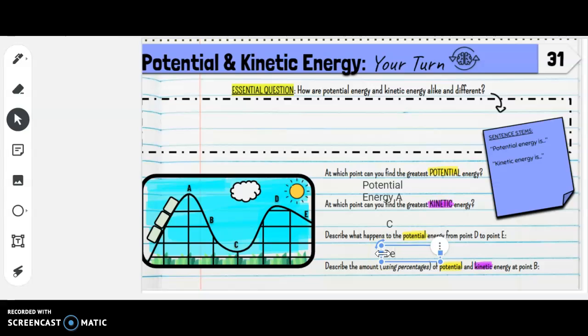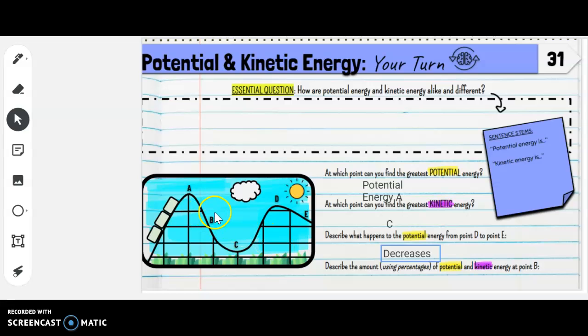All right, let's look at the next one. Describe the amount using percentages of potential and kinetic energy at point B. So when we take a look at point B right here, it's not at the very top where it would be most potential. And we said at the very bottom, that's the most kinetic energy. So it's in between.